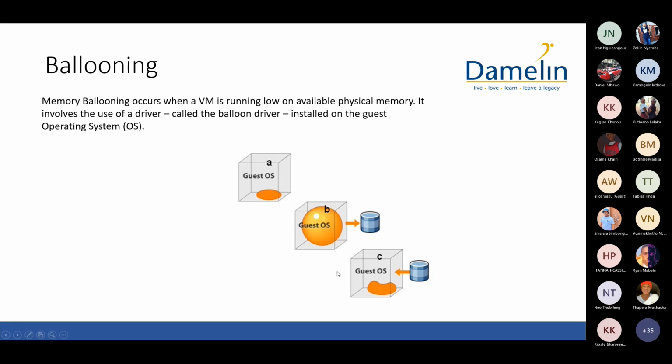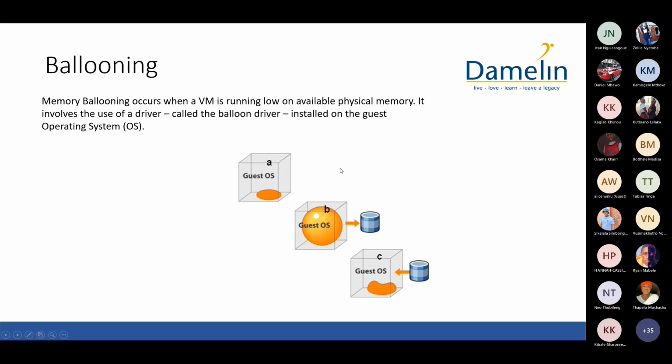Although I only have 4 gigabytes of RAM, let's say 1 gig is reserved for my host operating system. Then guest A will have 1 gig also, guest B will have 1 gig also, and guest C will have 1 gig also.